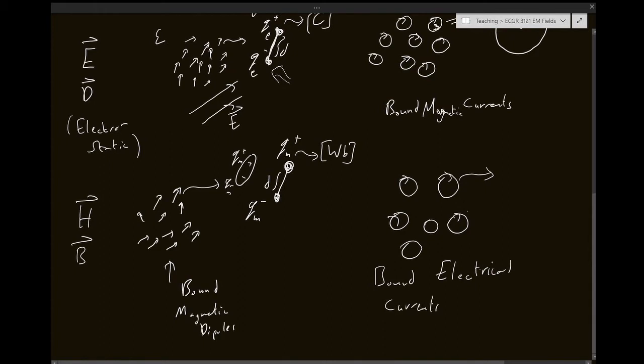It's a loop like this, and it has a certain current, it has a certain distance. Right? And then this is a dipole, and the dipole is determined by the diameter and the amount of current. And this dipole orients itself with respect to the magnetic field, interacts with the magnetic field.